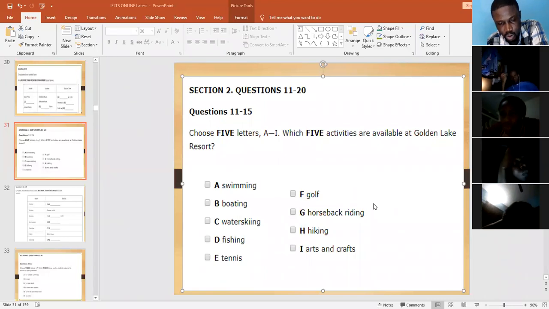Swimming was mentioned. I noted boating. Boating was mentioned. I noted fishing. No, they said they no longer do it because he was saying what was available. Yeah, but I noted hiking. I'm not sure I heard that. And arts and crafts.